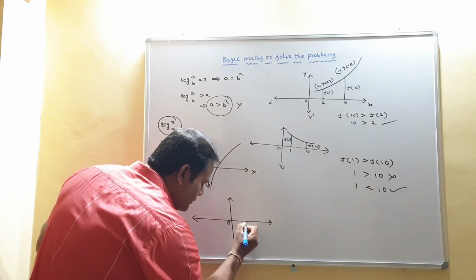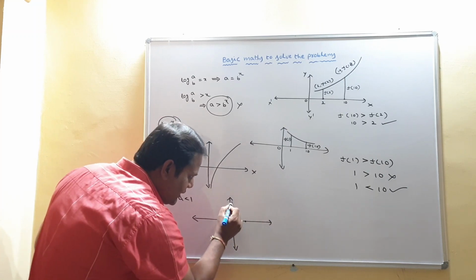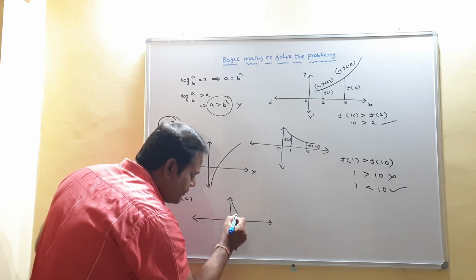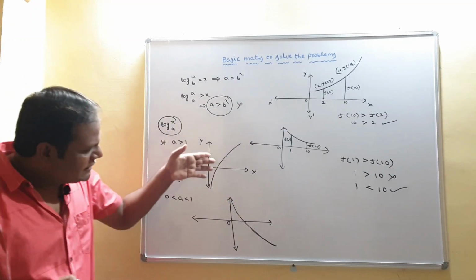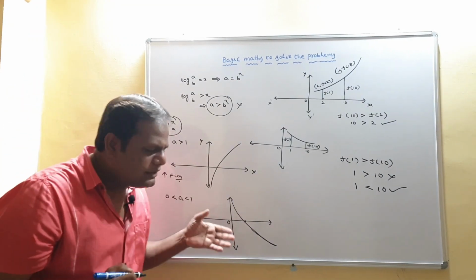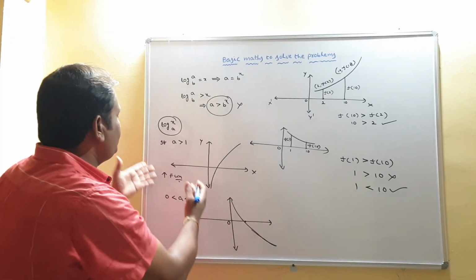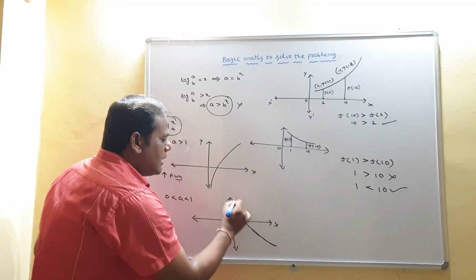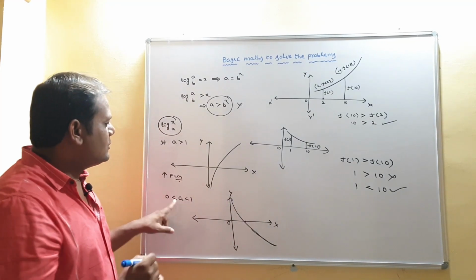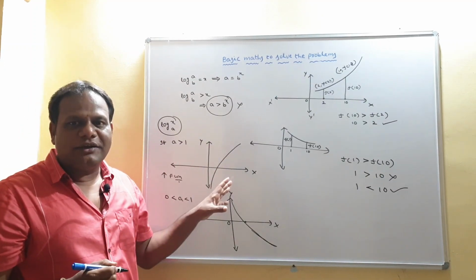So you know that log 1 is 0. Here the curve will be like this. Is it an increasing curve or a decreasing curve? Yes, it is a decreasing curve. So if the base is in between 0 and 1, log x is a decreasing function. If the base is more than 1, log x is an increasing function.